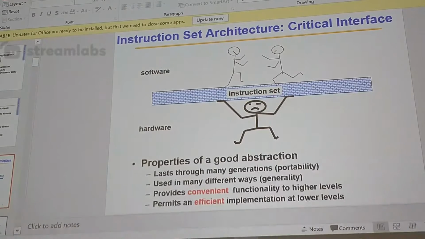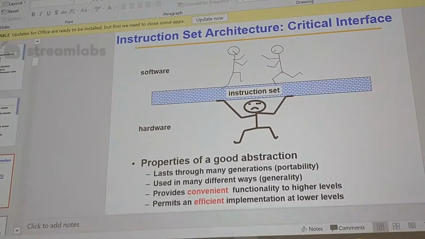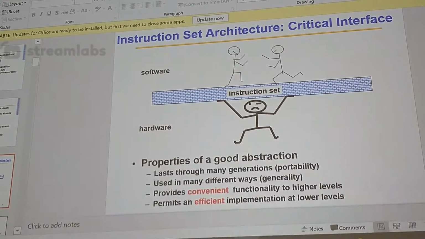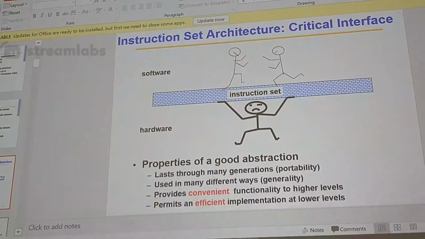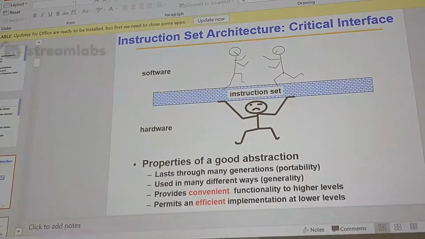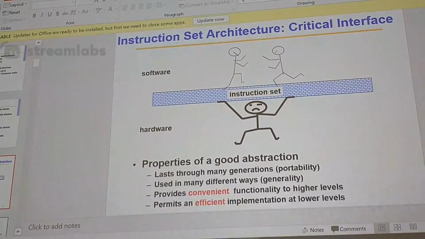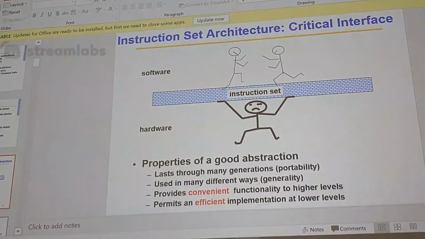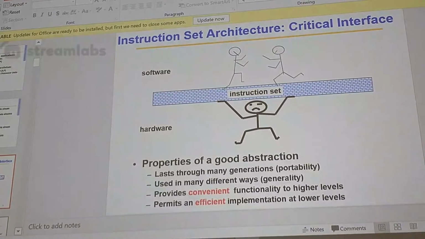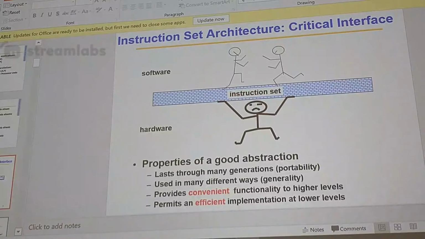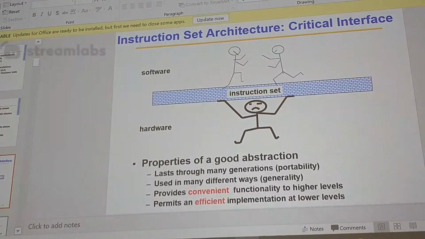RISC and CISC. Yeah, RISC, that is more, you're talking about a whole ideology of how to design. But okay, let me give an example. One successful or not instruction set architecture would be MIPS. MIPS ISA, that's one ISA.